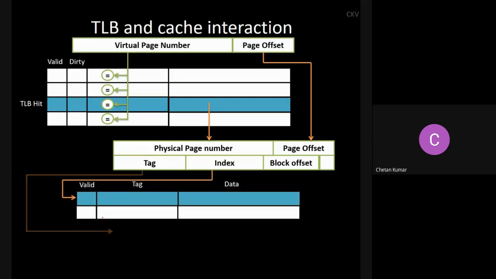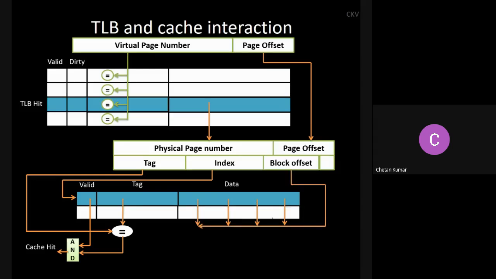From there you will get the tag that is already stored, so you compare it with the incoming tag. This will tell you whether it is a hit or a miss. A valid bit also helps indicate whether it is a hit or a miss. After that, you will get the data. Of course you'll get many data, and the block offset will help you choose the correct data, and that will be sent to the processor. So this is how your TLB interacts with the cache.